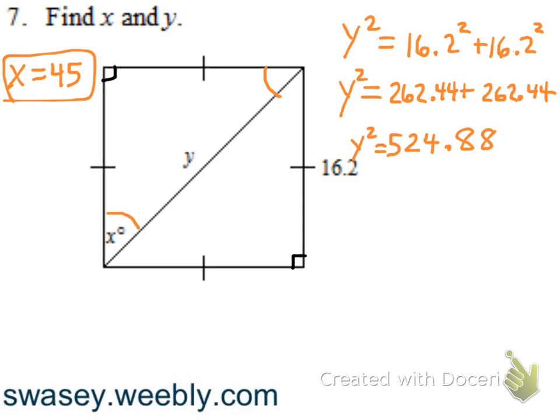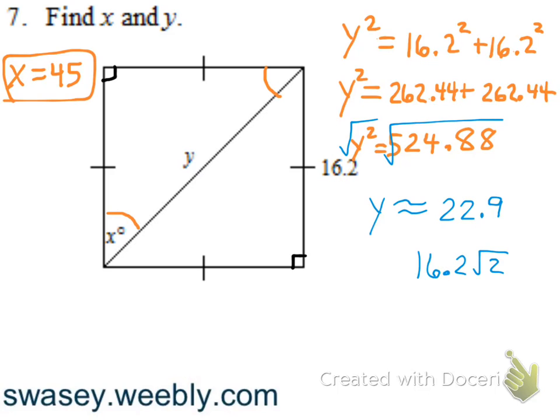And so y squared equals 524.88. To get rid of squared, we'll square root. Only a positive answer makes sense. And so you get approximately 22.9. Now it just works out on this particular one that 16.2 times the square root of 2 would be the exact answer. So we found both x and y.